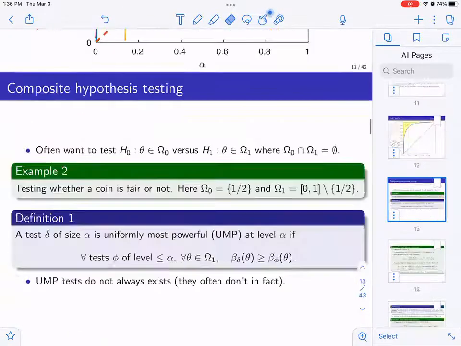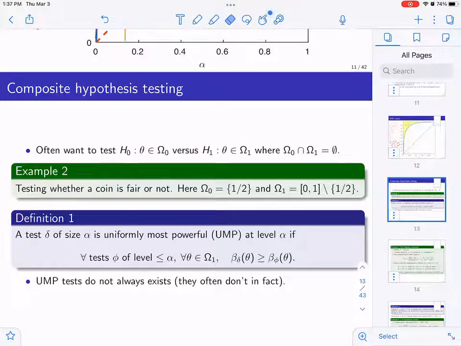Okay, we have this. So now let's move on to what happens in the general case, which is referred to as composite hypothesis testing: theta in omega naught versus theta in omega 1, and they are disjoint.